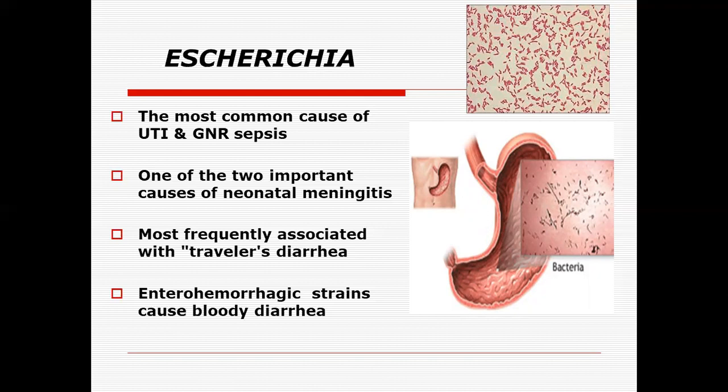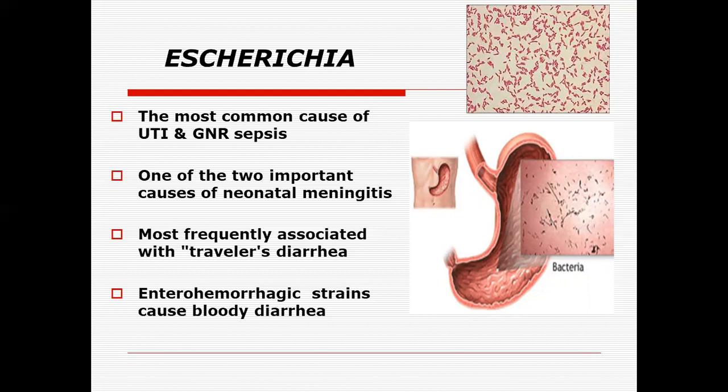We have many organisms that cause sepsis. Some of them are gram-positive. But from within the gram-negatives, Escherichia are responsible for sepsis. They are responsible for urinary tract infections. And one of the two important causes of neonatal meningitis is Escherichia.